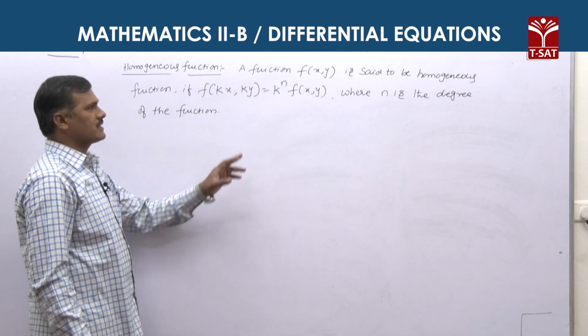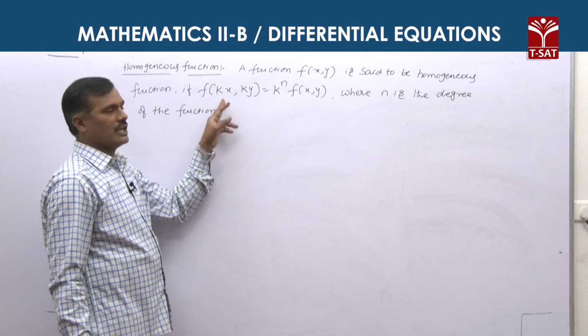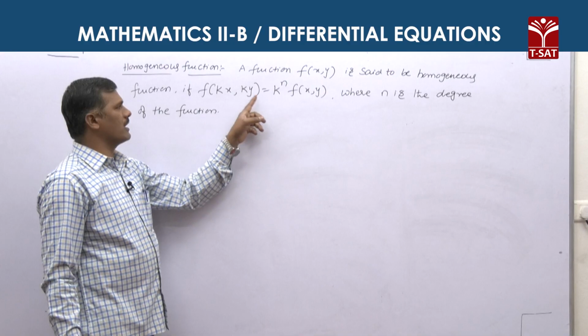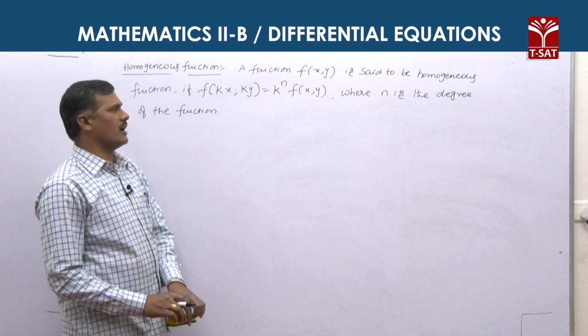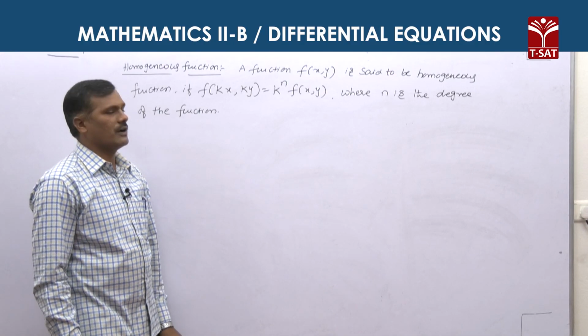A function f of x comma y is said to be homogeneous function if f of kx comma ky equal to k power n into f of x comma y, where n is the degree of the function.